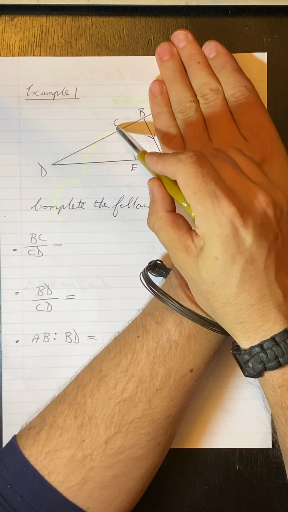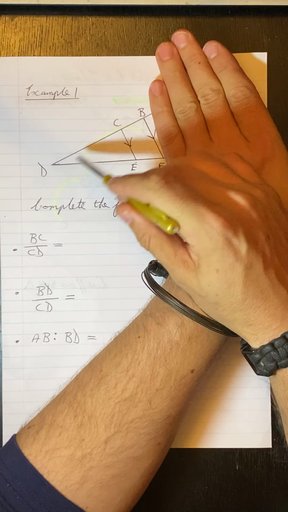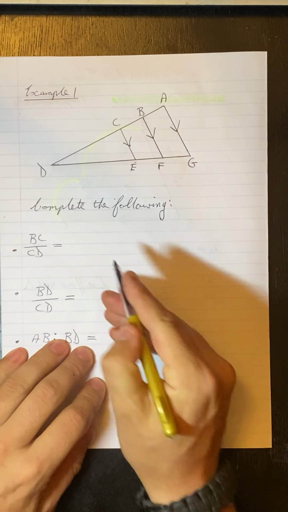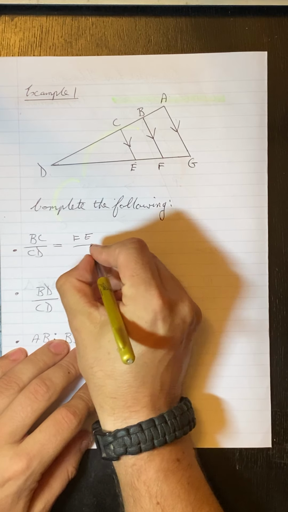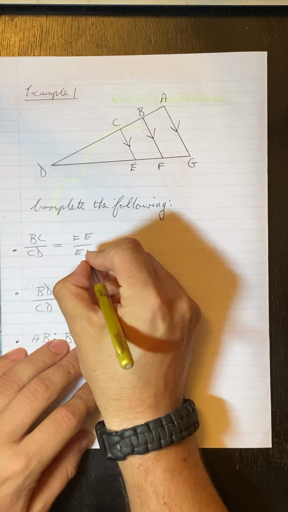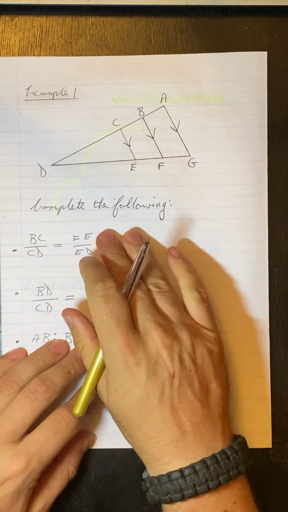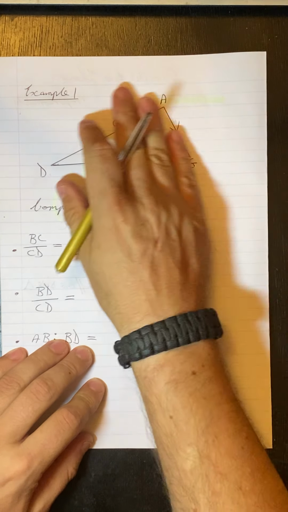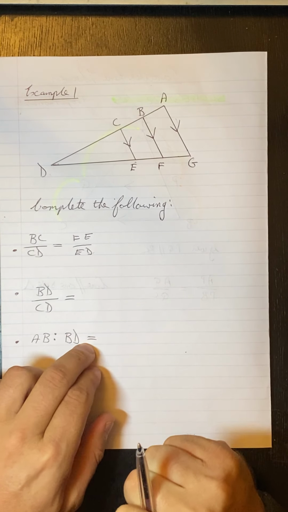So BC to CD will be FE to ED. And your reason, line parallel one side of the triangle. I'm not going to write that just yet because this is just showing you how it works. The next example, I will start writing the reasons.